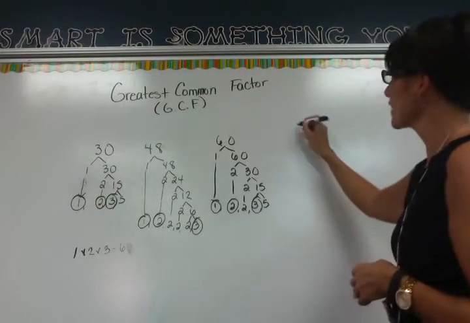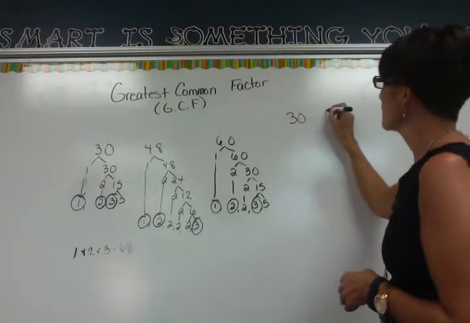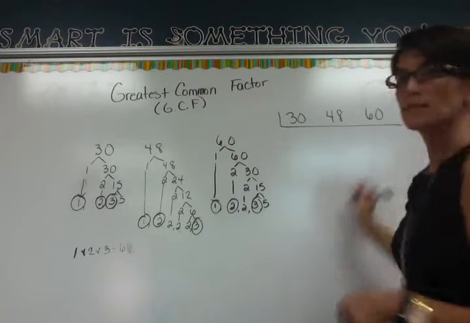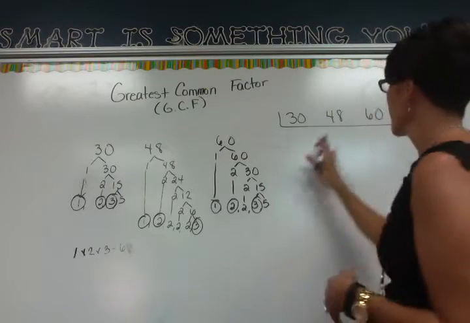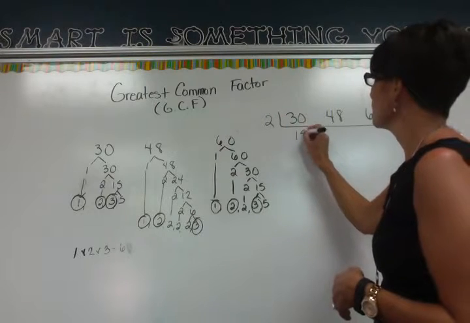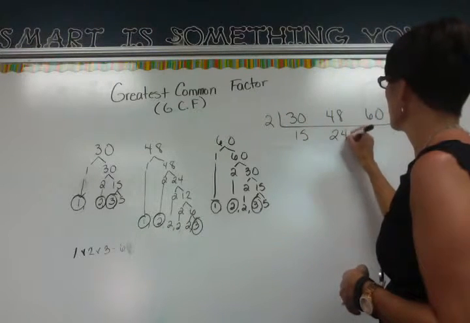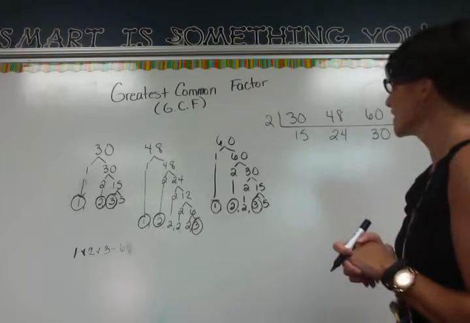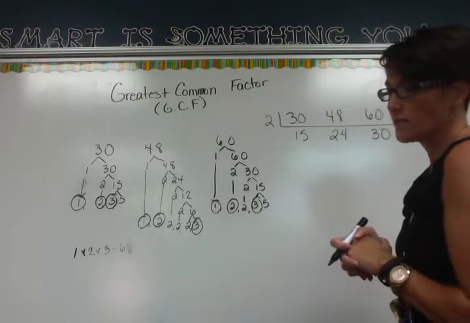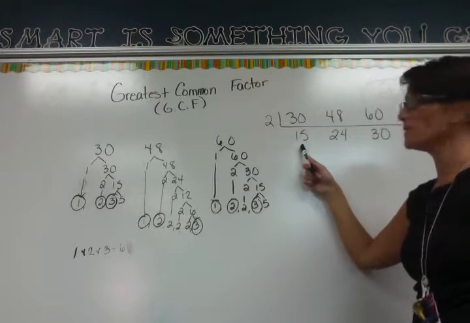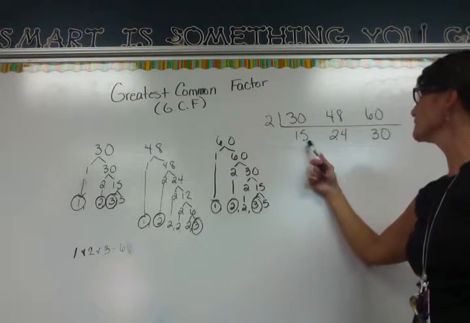So let me try over here. So we'll do 30, 48, and 60. I always start off easy. I divide by 2. I think all of those are even numbers, so we're going to divide by 2. So I have 15, 24, 30. Now I'm going to say, okay, what number can go into 15, 24, and 30? Well, 3 does.